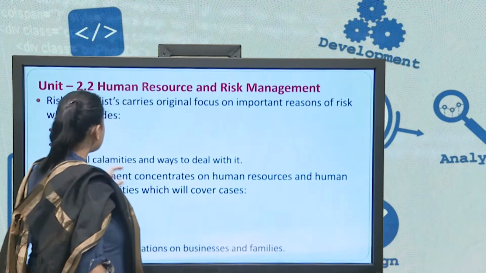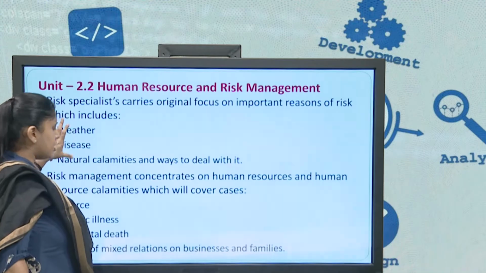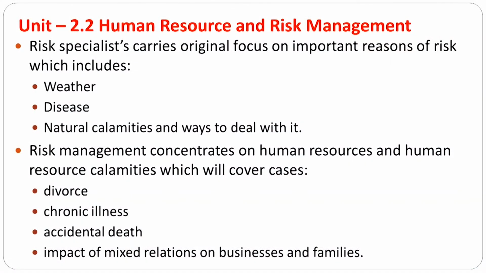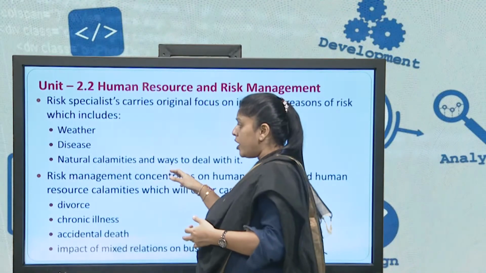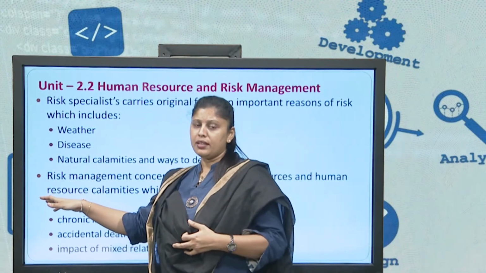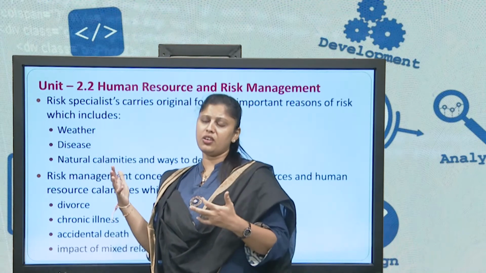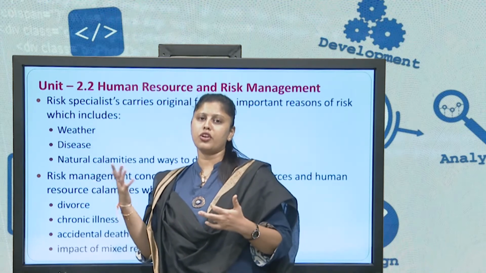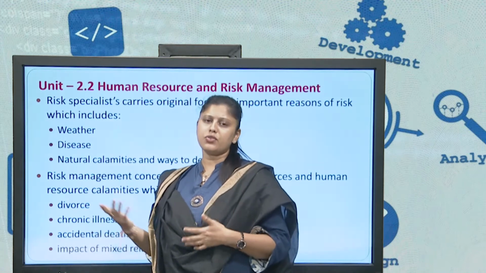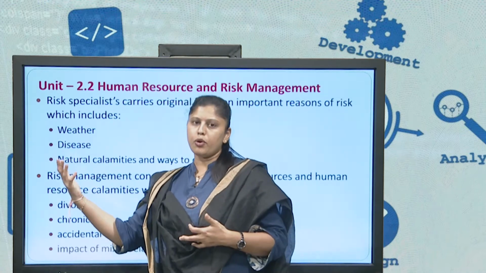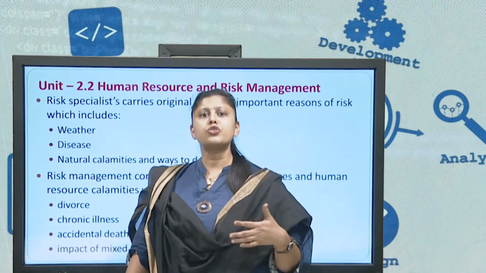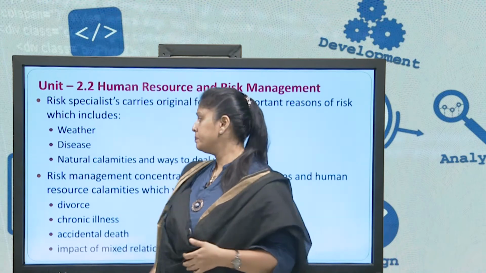Now, weather, disease, natural calamities: human resource cannot take care of the weather, cannot stop disease, and cannot stop natural calamities. But yes, they can work to avoid their effects. For example, if it is forecasted that the rain is going to be very heavy, they have to take care that an employee coming from far away is given to-and-fro taxi services.